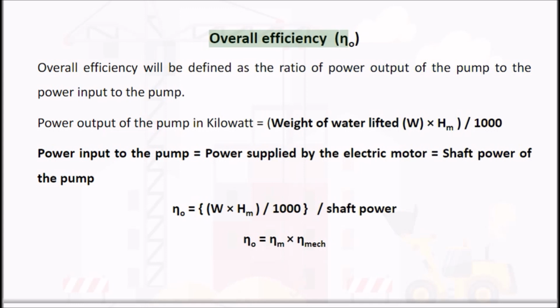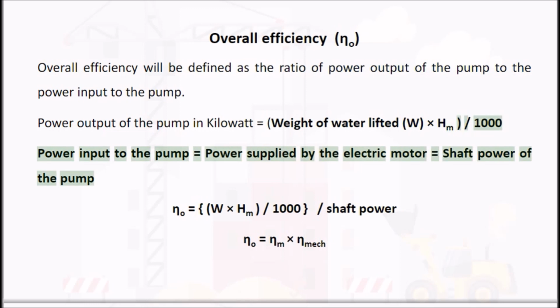Overall efficiency, eta o. Overall efficiency will be defined as the ratio of power output of the pump to the power input to the pump. Power output of the pump in kilowatt equals weight of water lifted, W, times Hm over 1000.